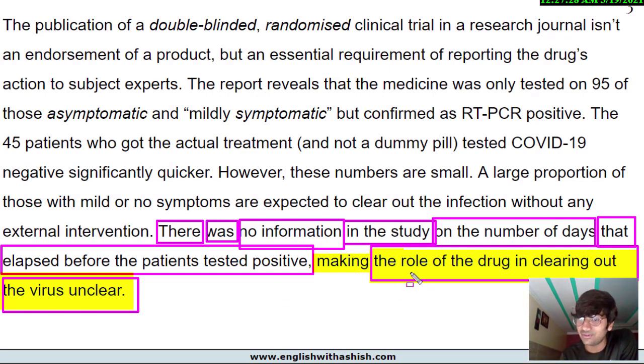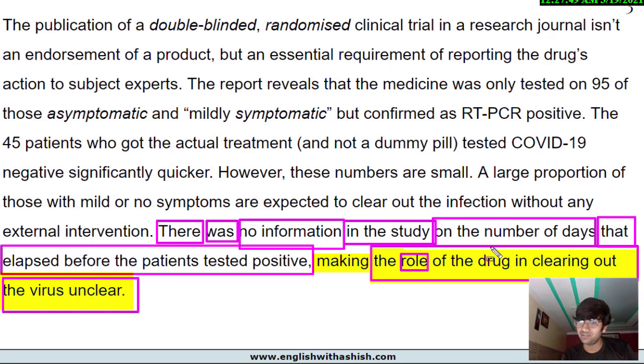Now in this noun phrase, the main head noun is role, right? And we have a pre-modifier, the role, talking about a particular role, you know which role I'm talking about. Making the role of the drug, role of whom? Of the drug in clearing out the virus unclear.